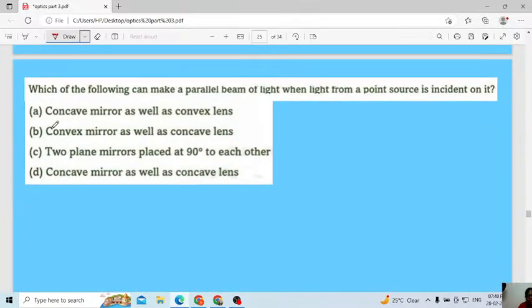Which of the following can make a parallel beam of light when light from a point source is incident on it? In which case will you get a parallel beam of light after hitting the mirror?